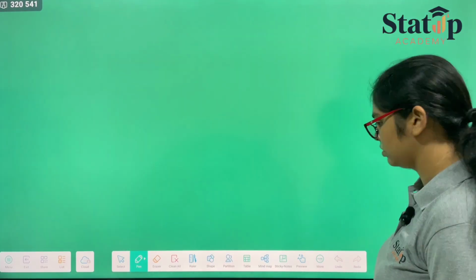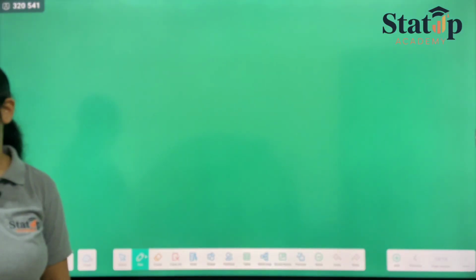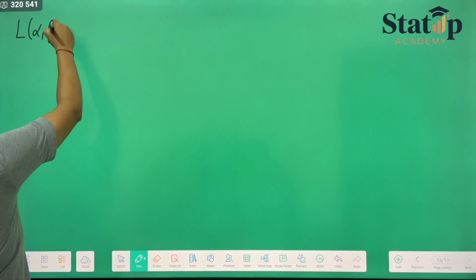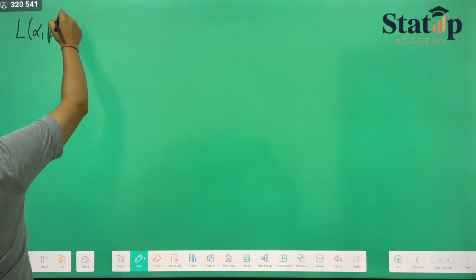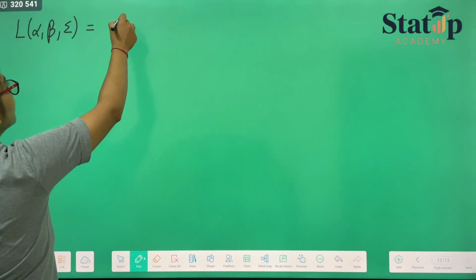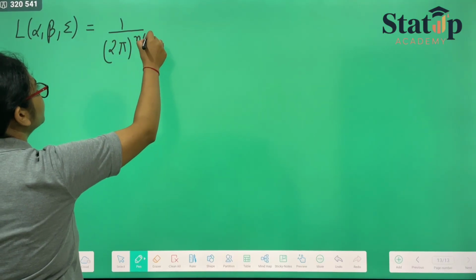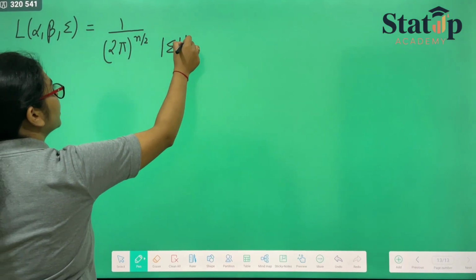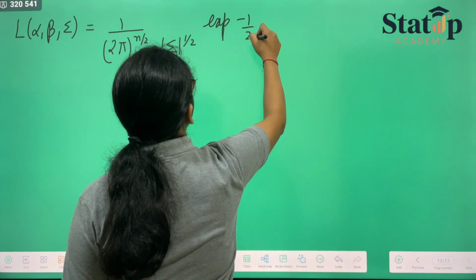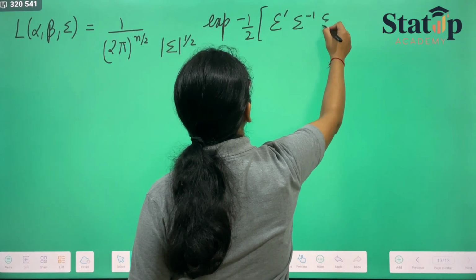So now we know that our likelihood function can be written as likelihood of alpha, beta, and sigma, which is 1 upon 2 pi to the power n by 2, modulus of sigma to the power half, exponential minus 1 by 2 epsilon dash sigma inverse epsilon.